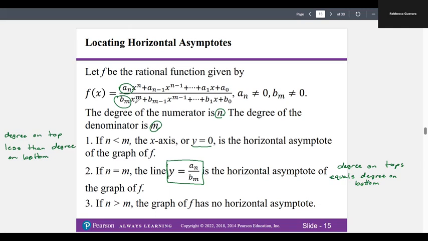Or last time we saw that, it's the 3/8. If n is greater than m, so that means the degree of the numerator is greater than the denominator, degree on top is larger than degree on bottom, then we have no horizontal asymptote.